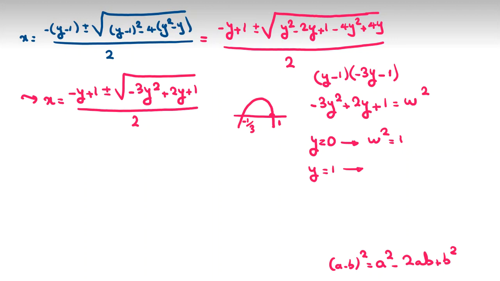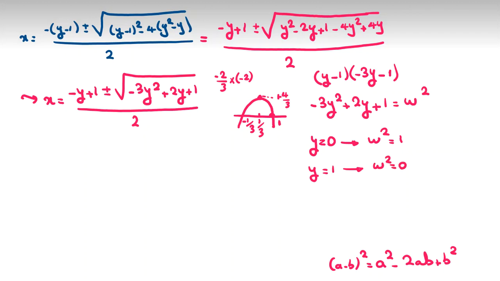We know that our answer should be between these two. If we want to find this, 1 plus or minus 1 over 3 over 2 will be 1 over 3. If you replace 1 over 3 here, it will be 1 over 3 minus 1, negative 2 over 3, 1 over 3 times negative 2, which will be negative 4 over 3, plus 4 over 3. So the only answers are 1. So w squared is 1 and also 0. If y is 1, w squared is 0.